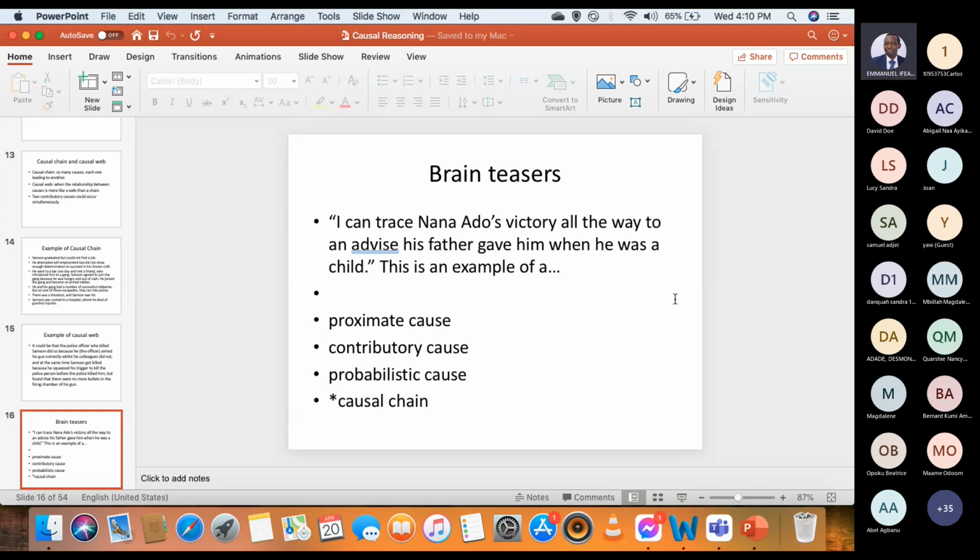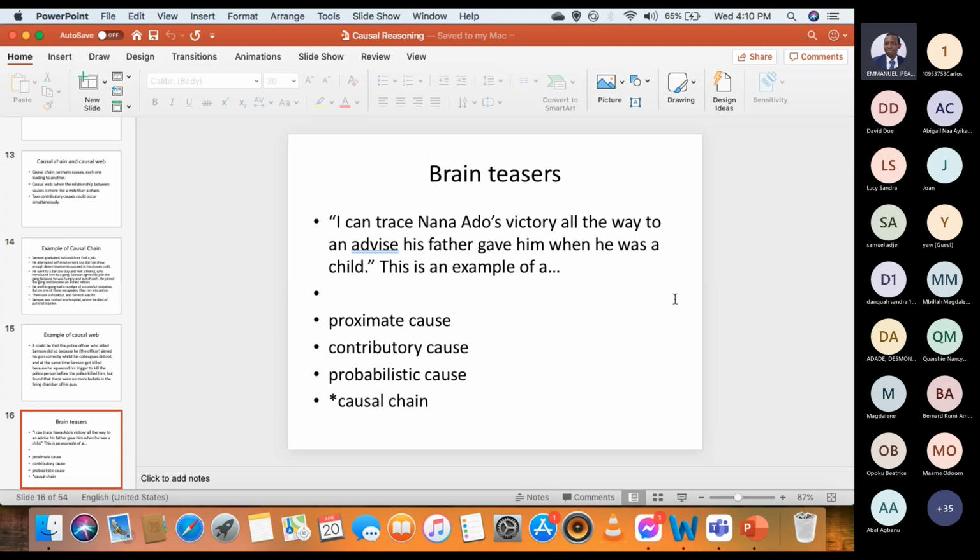It's possible that some other types of causes are also probabilistic causes, but the one that is not a probabilistic cause is a necessary cause. A necessary cause cannot be a probabilistic cause, because if it is not there, you won't see the effect.